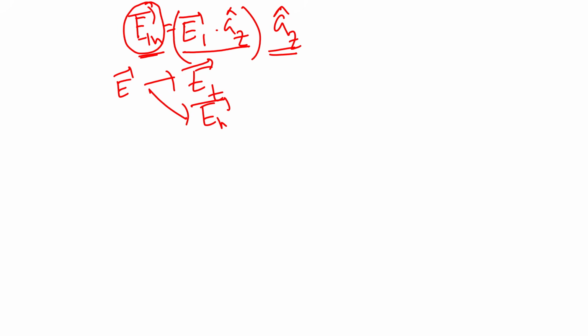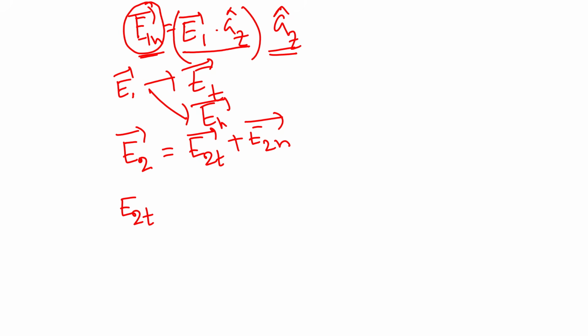Now our intention is to calculate the E2 vector, and this E2 vector will be equal to E2t vector plus E2n vector, the sum of the tangential component plus the normal component. Now from the boundary condition of two different media in terms of electric field, we know that E2t is equal to E1t.